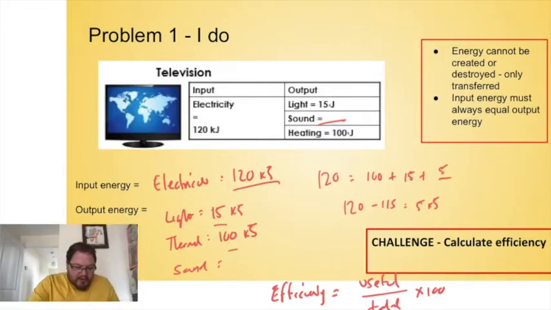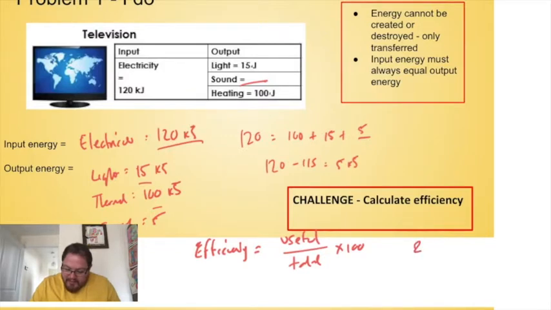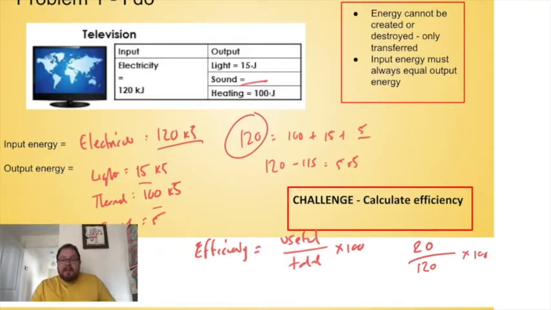So if we look at our useful energy in this one, light is a useful energy of a TV because you need to see the picture, and we've got sound, so we want light plus sound. I've got 15 plus my 5 sound, so that's 20, over my total energy of 120, because that's the energy going in, and then times 100. That's going to come out as 16%.